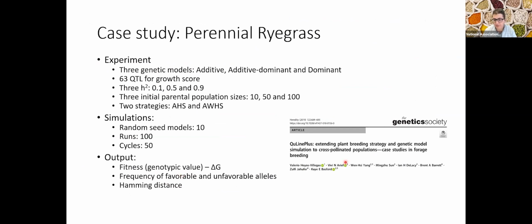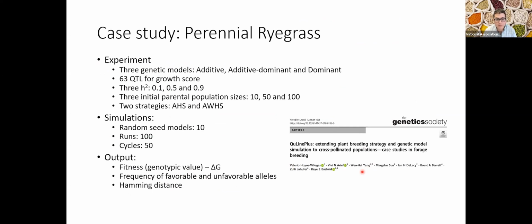This is a paper that the team released a few years ago, where we essentially posed three different scenarios of genetic models: additive, dominant, and dominant. And then we took all of the existing QTLs that are reported for growth score or rate of growth and biomass in the case of perennial ryegrass.